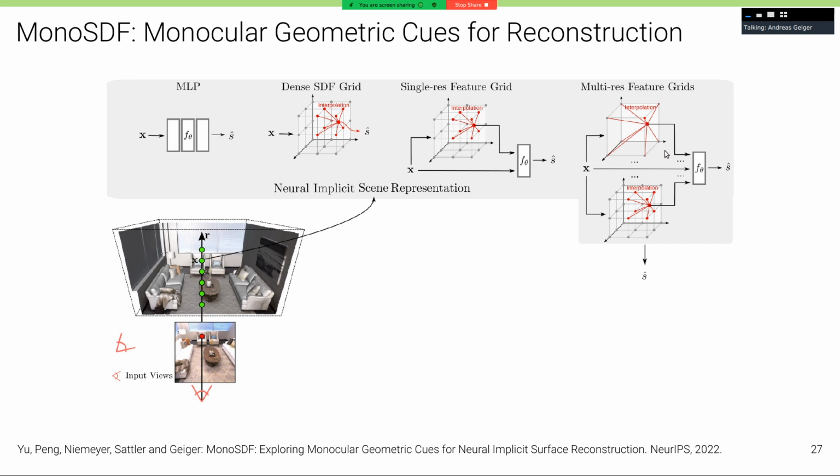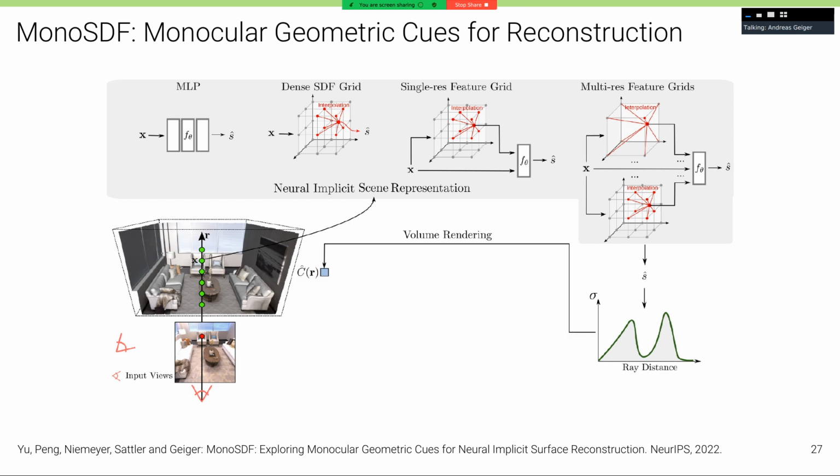So the input point is then passed either through the MLP to give the signed distance value, or it's used as a query inside this multi-resolution feature grid, and then the resulting feature is input to a little MLP that outputs the signed distance value, and then we have another one that's not illustrated here that outputs the color. The signed distance then goes through a transformation like in VolSDF to produce the density.